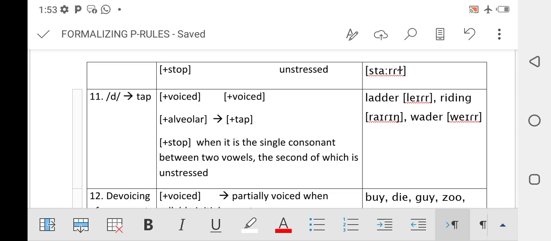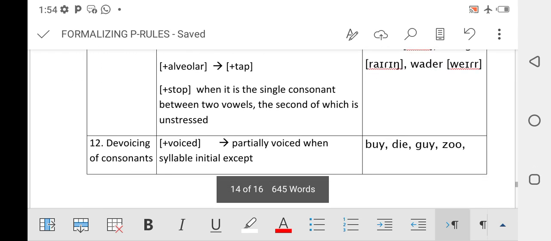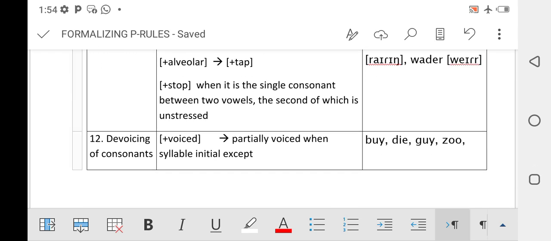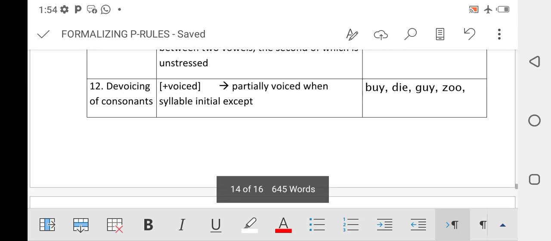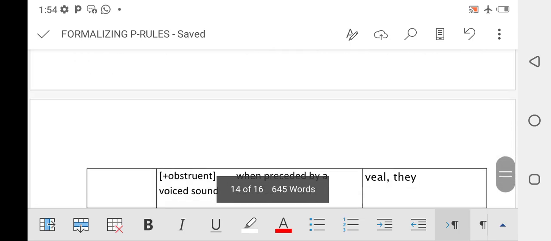Now you can see that later and ladder are sounding the same way. So it is in context that you know whether they are talking about later or ladder. Now you have writing, rider, waiter. So the same thing happens here when it is the single consonant between two vowels and the second vowel is unstressed.